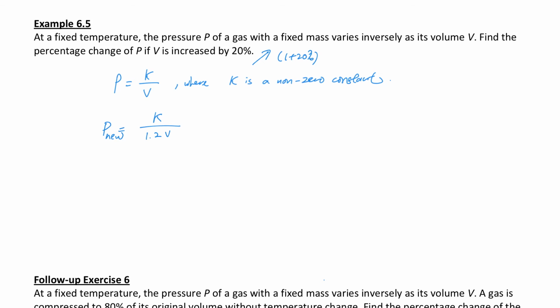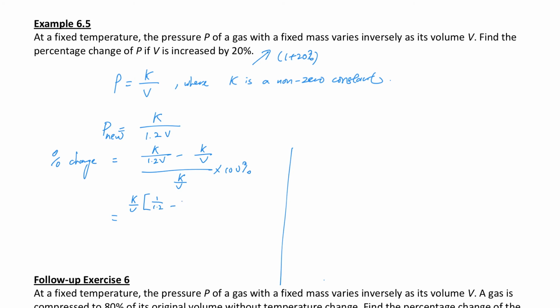How to find percentage change? We have two methods. The first one, new value minus the original one over the original one times 100%. You can take out k over V, remaining 1 over 1.12 minus 1, over k over V, times 100%.